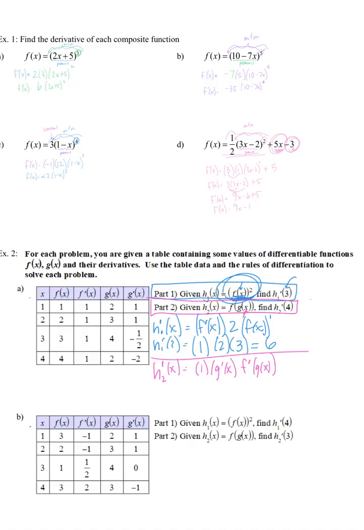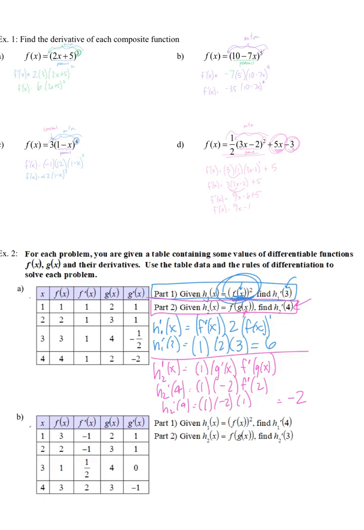And they want me to evaluate this one at 4. So let's see, I've got 1, and then g prime of 4 is negative 2. And then f prime of, oh, okay, hold on. G of 4 is 2. I may have to write one more line. 1 times negative 2. F prime of 2 is 1, which then equals negative 2.